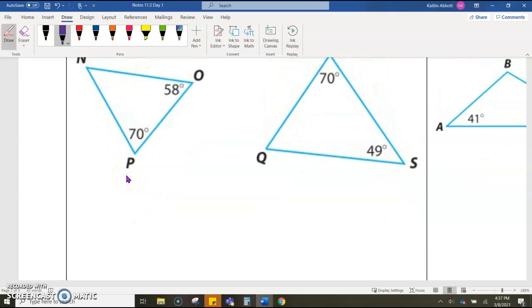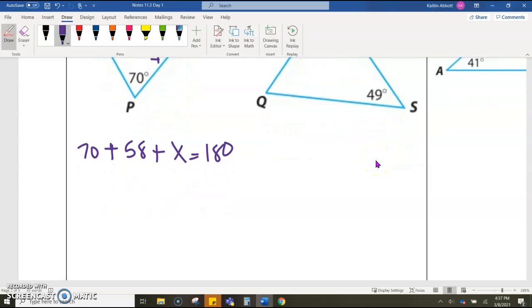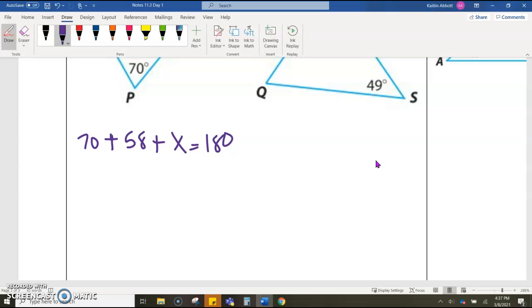And we're going to set up the equation like we would for the triangle sum theorem. Add them all up. They equal 180. So 70 plus 58 plus x equals 180. Now hopefully the other number is 49, and then we would be able to say they're similar triangles. So we're going to add those together.